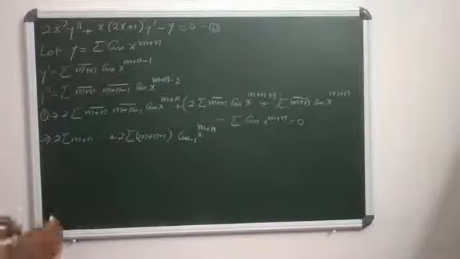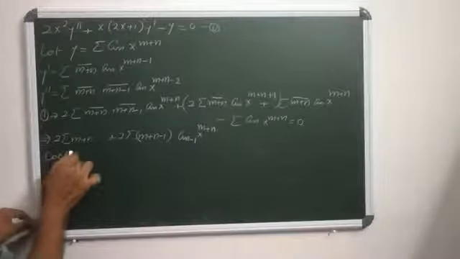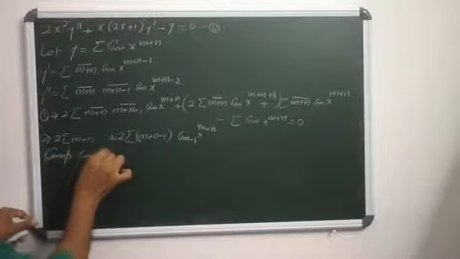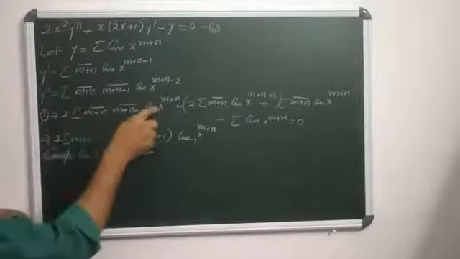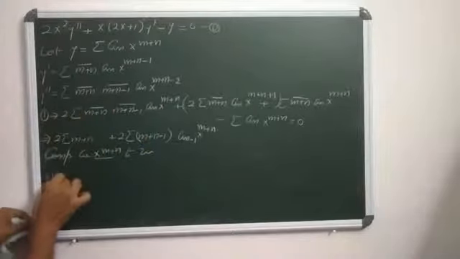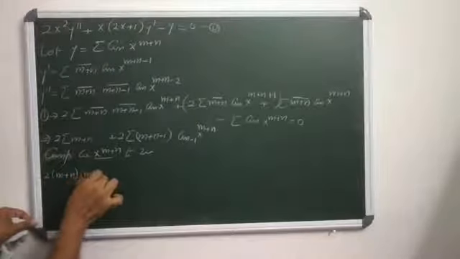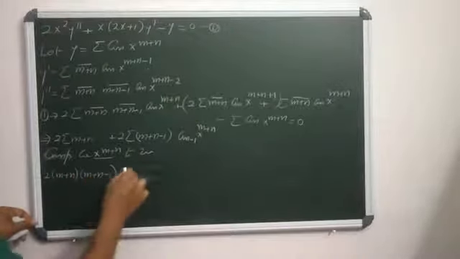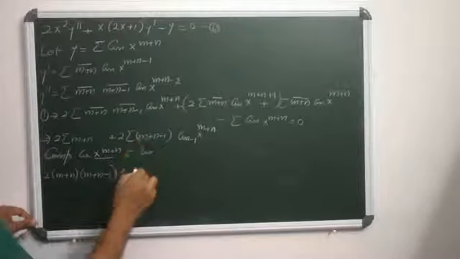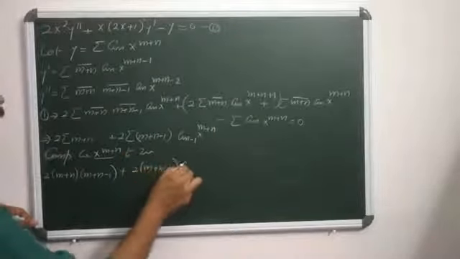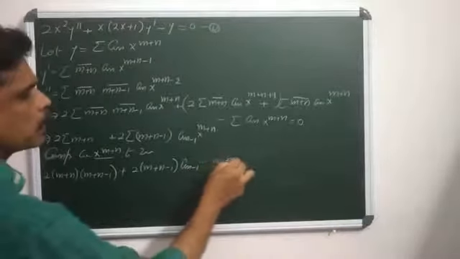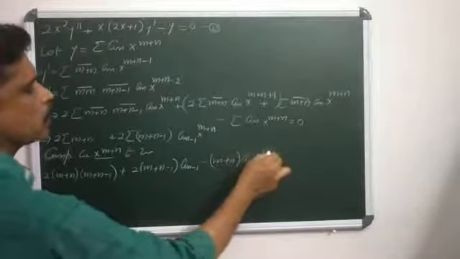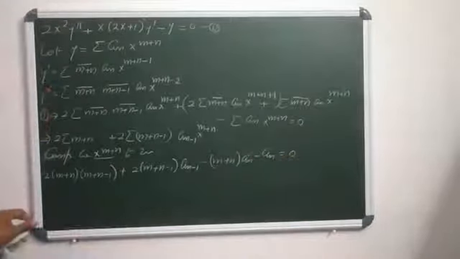Okay. Now we can compare the coefficient of x^(m+n) to 0. What do you get? What is the coefficient of x^(m+n) in the first term? It is 2 into (m+n)(m+n-1) a_n, plus, what about that in the second term? That is 2 into (m+n-1) a_(n-1). What about that of the third term? It is (m+n) a_n. And what about the fourth term? It is minus a_n equals 0.